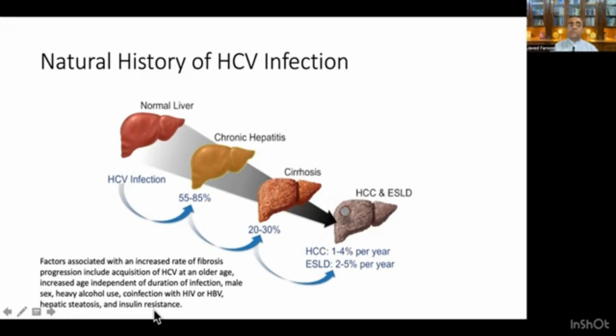So if the patient is diabetic, type 2 diabetes, or has fatty liver, whether alcoholic or non-alcoholic fatty liver, and becomes infected with acute hepatitis C and then chronic hepatitis C, then this subset of people develop cirrhosis earlier than those who are not using alcohol, who have only HCV mono-infection, no HIV or HBV, where hepatic steatosis or fatty liver is not there, and who are non-diabetic. So this is important.